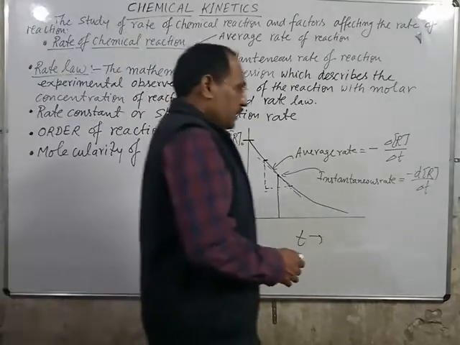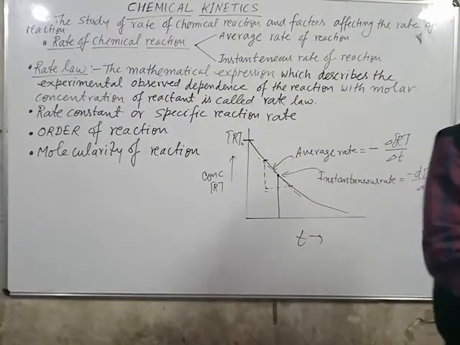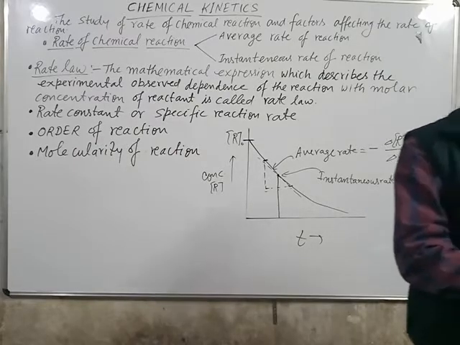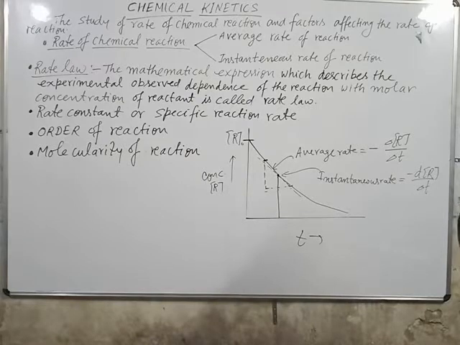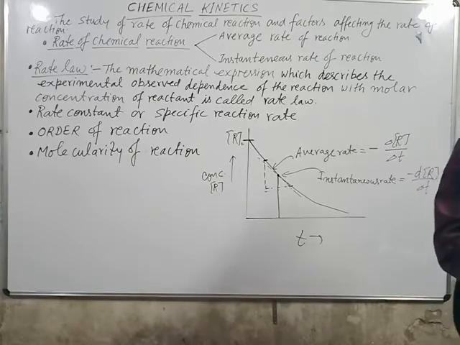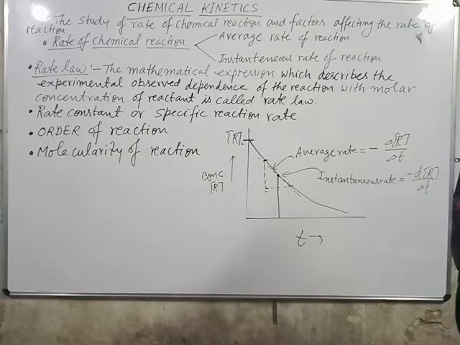So the average rate means decrease of concentration of reactant within an appreciable time interval, while the instantaneous rate is the decrease of concentration of the reactant at a particular moment of time.